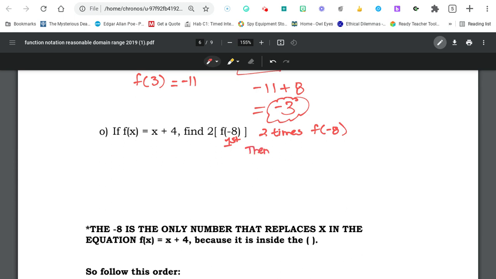Then multiply by 2. So let's find f of negative 8. So x is going to be not 8, but negative 8.